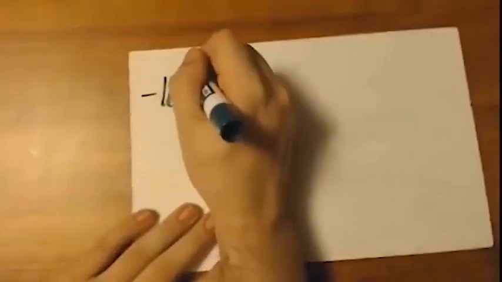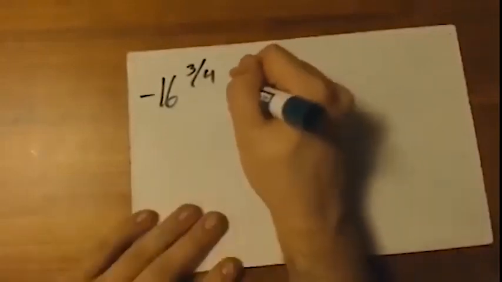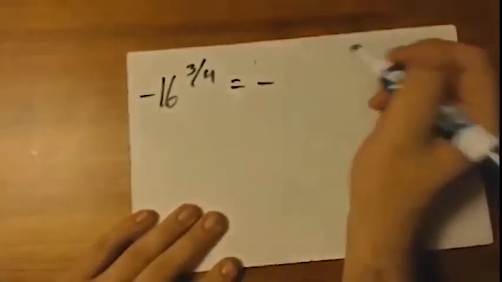Negative 16 to the 3/4. There's no parentheses, which means the negative's not involved with the radical.